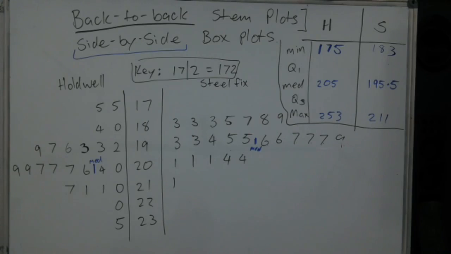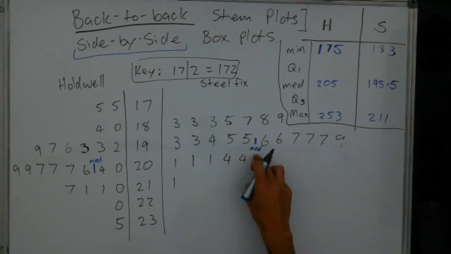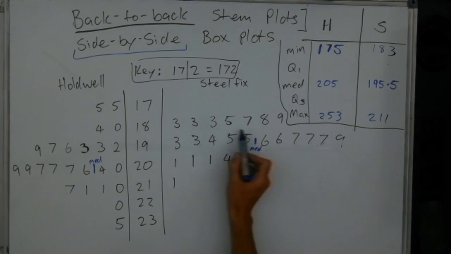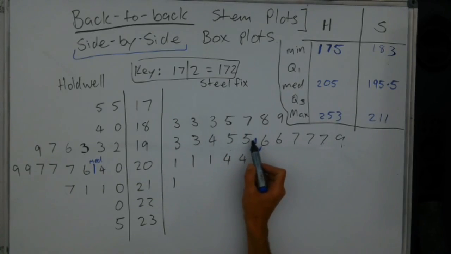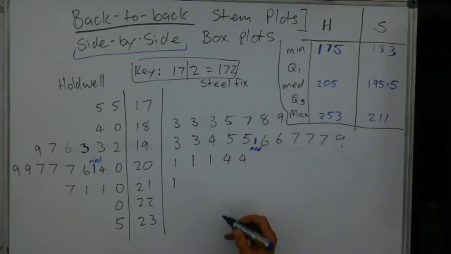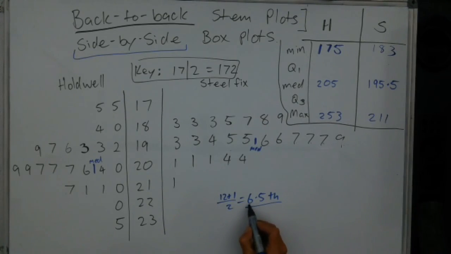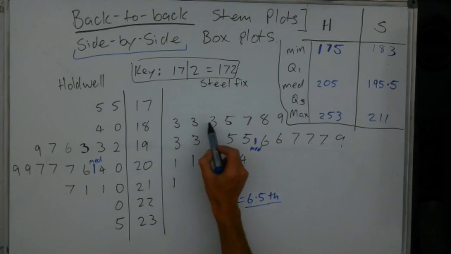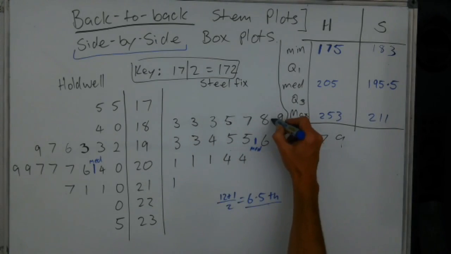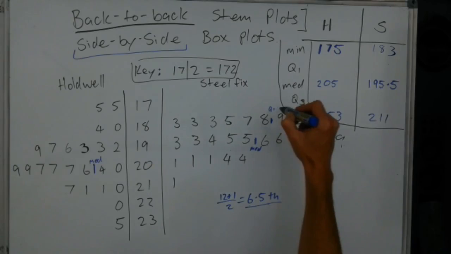Okay, so now that we've found the median, we have 12 bits of data in our lower half and 12 in our upper half. So we're looking for the average of the 6th and the 7th piece of data. 1, 2, 3, 4, 5, 6. So that's our Q1 position.